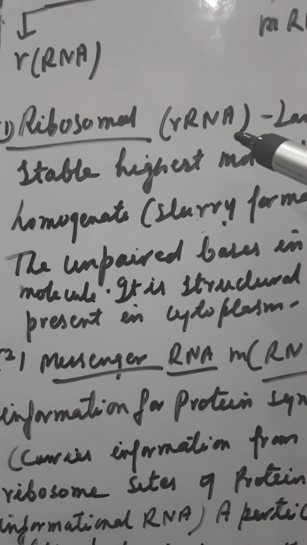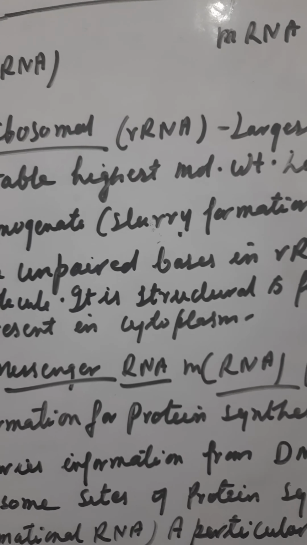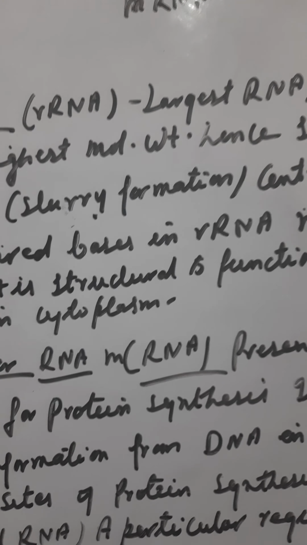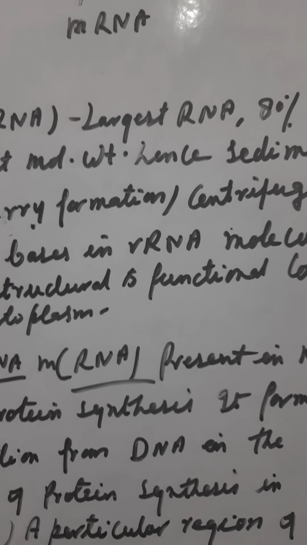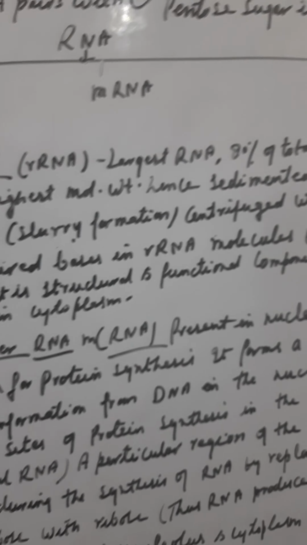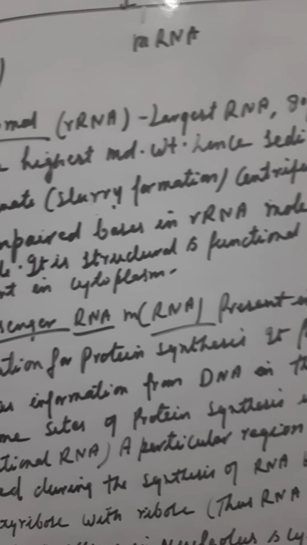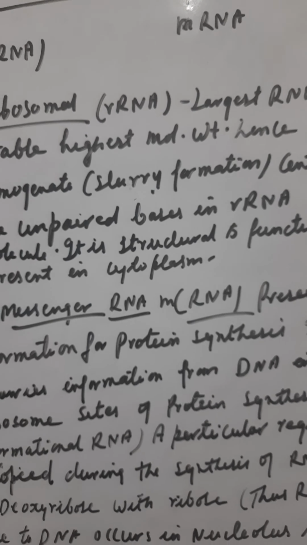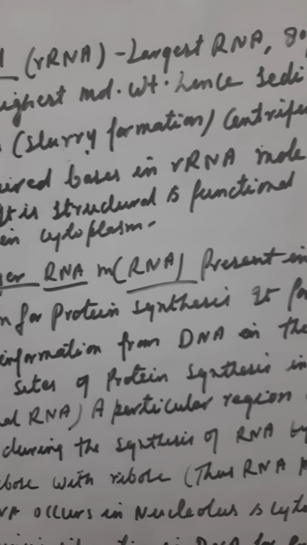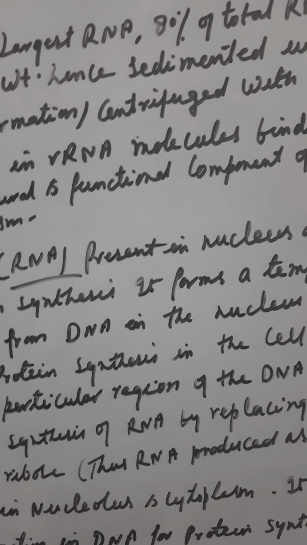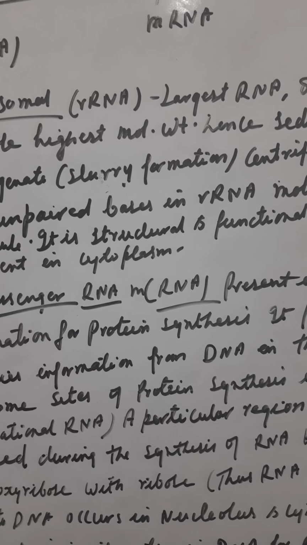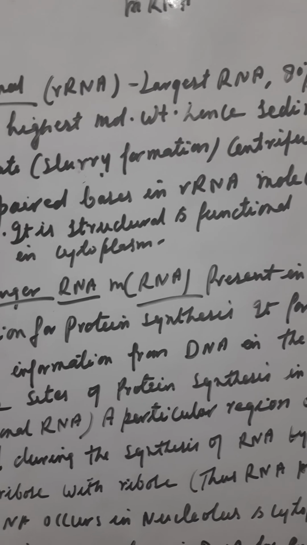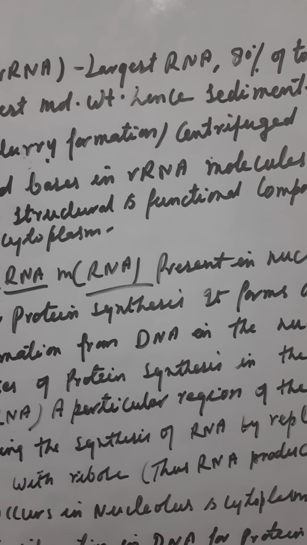Ribosomal RNA forms the bulk of the RNA, that is the largest RNA. About 80% of total RNA is made up of rRNA. It is stable and has the highest molecular weight, hence it is sedimented when the cell homogenate, the slurry, is centrifuged at very high speed.